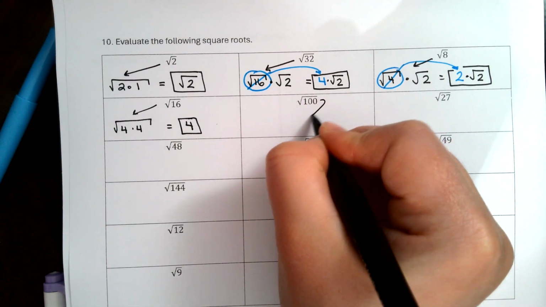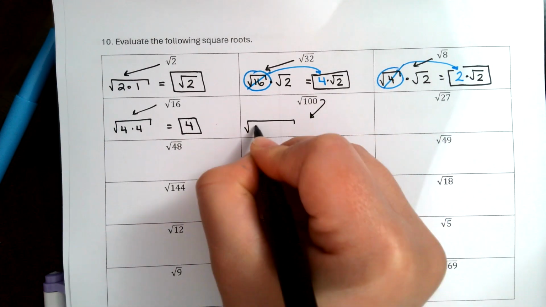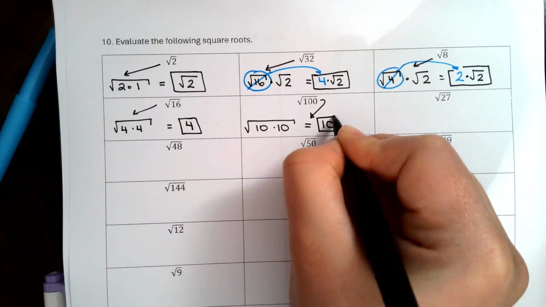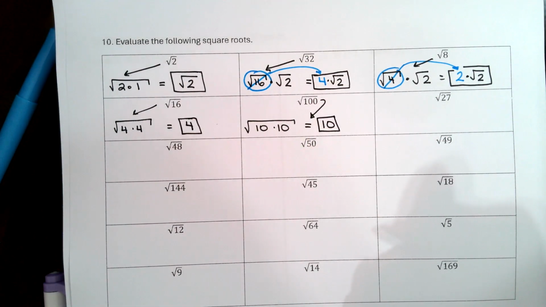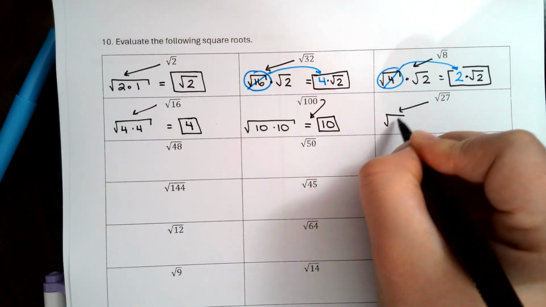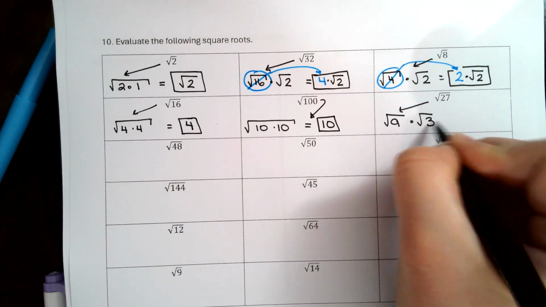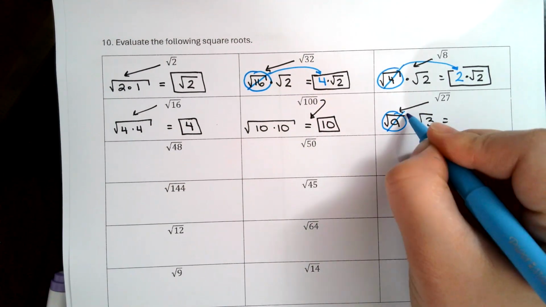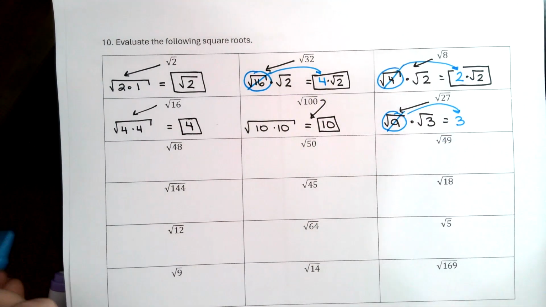100, again, you can separate this out into 10 times 10 inside the house. Outside the house is without a radical, which is just 10. 27 can be split up into 9 times 3. 9 can be simplified into 3 without a radical, without a house.